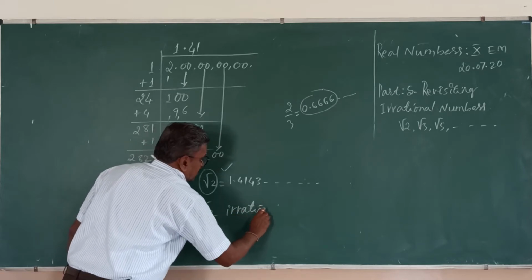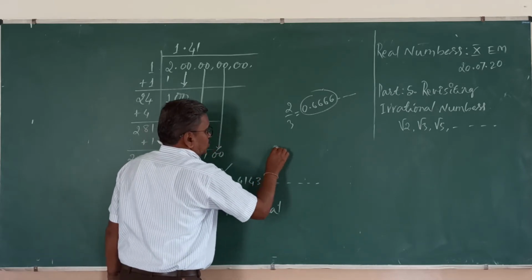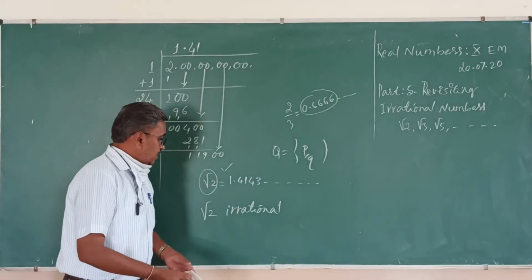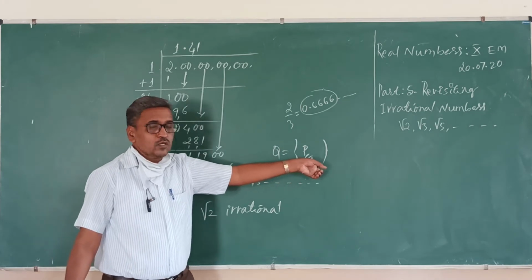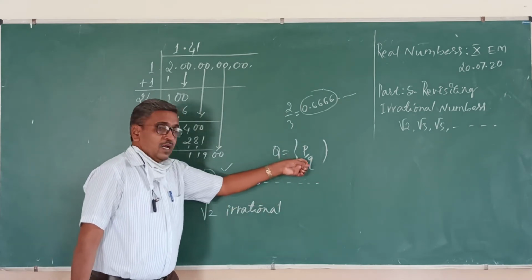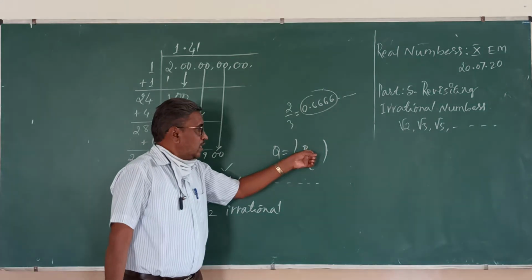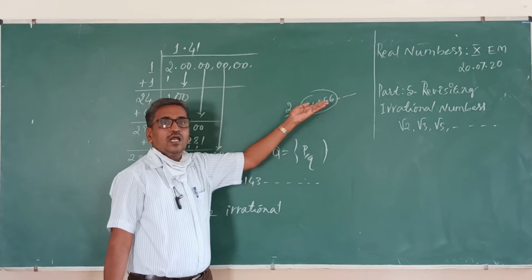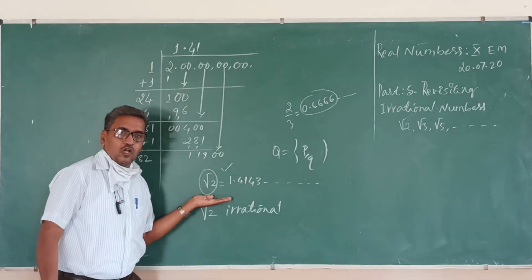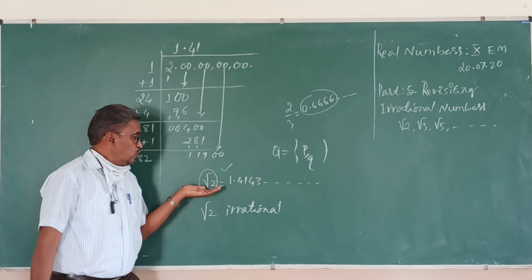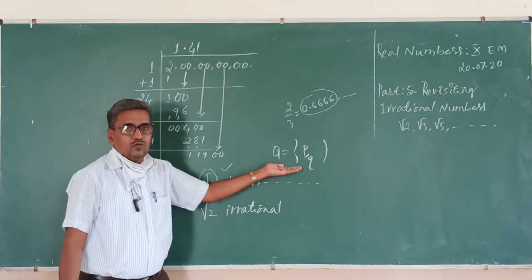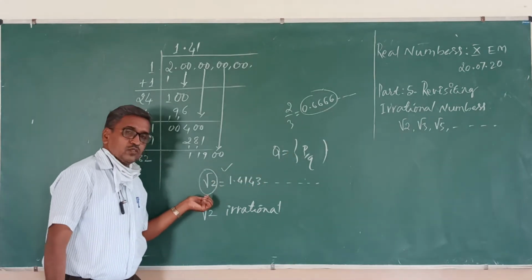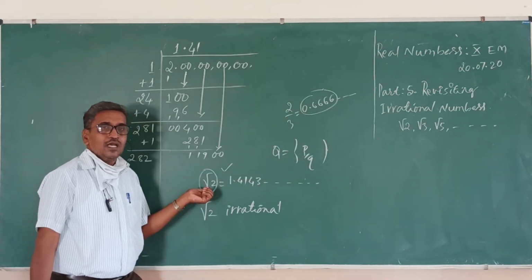Rational numbers are in the form of p by q, where p and q are integers and q is not equal to 0, and their decimals may be terminating or recurring. But in this case it is non-terminating and non-recurring, so this cannot be put in the form of p by q. Root 2 is called an irrational number.